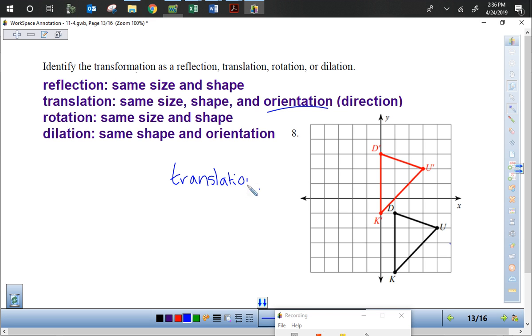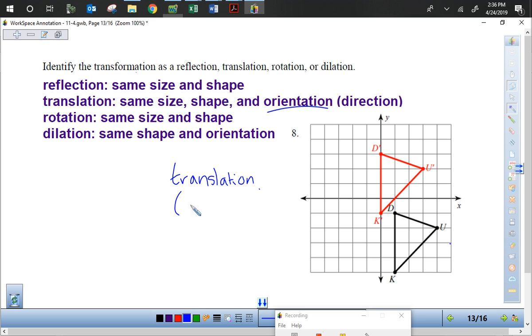Okay, just like with our rotations, though, we were specific. We said rotation of 90 degrees, 180 degrees. We want to use specifically what kind of translation here. Again, we start with the original. So from D, we have to go to the left one, and then we have to go up 4.